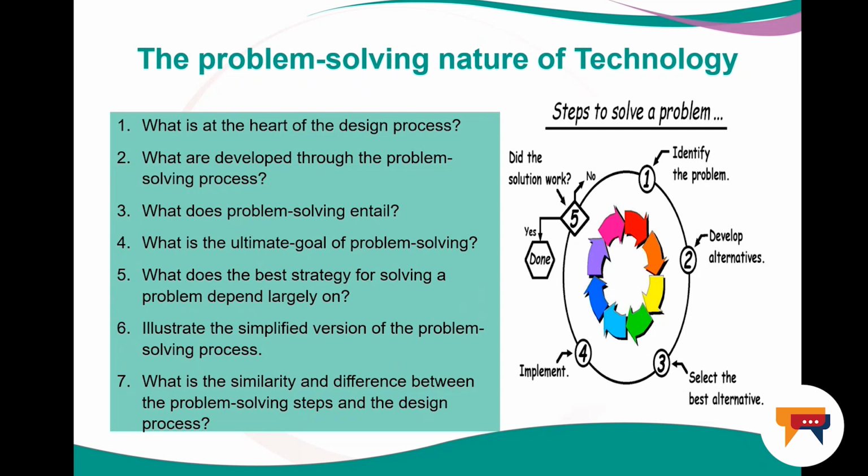In order to solve a problem correctly, it is important to follow a series of steps. Remember, these steps form part of what is known as a problem-solving cycle. As you can see on the screen, you have the first step, which is identify the problem, develop alternatives, select the best alternative, implement, and consider if the solution worked.